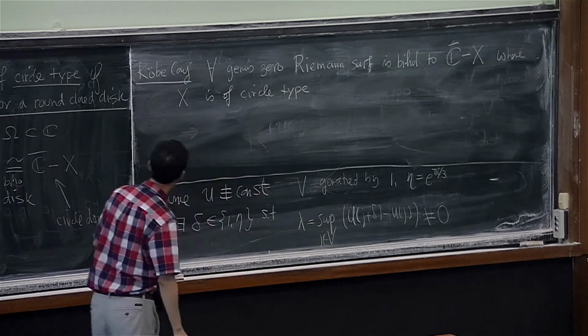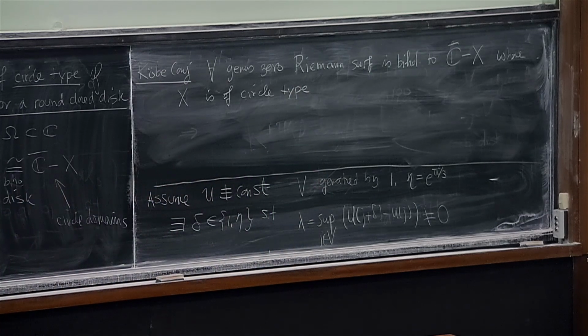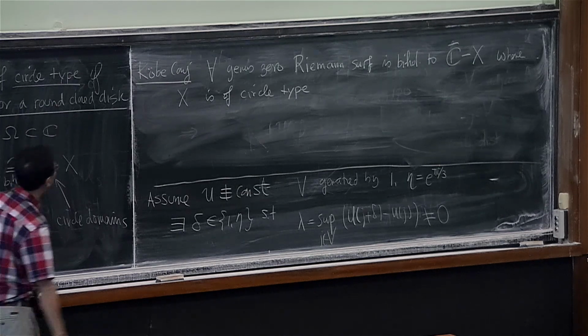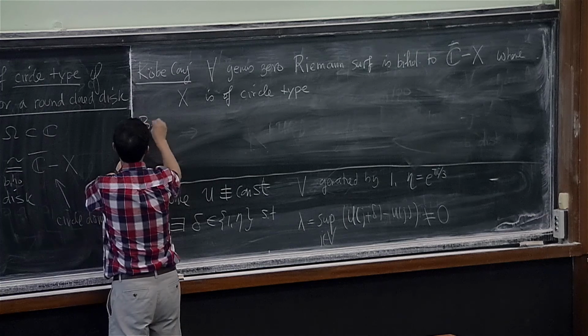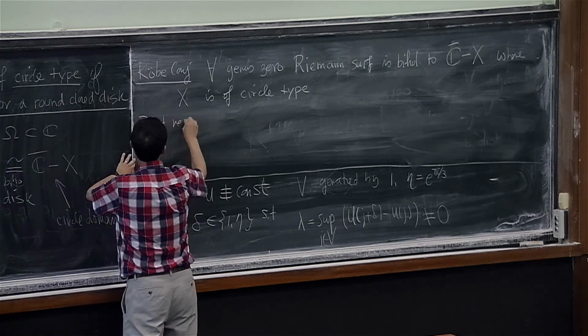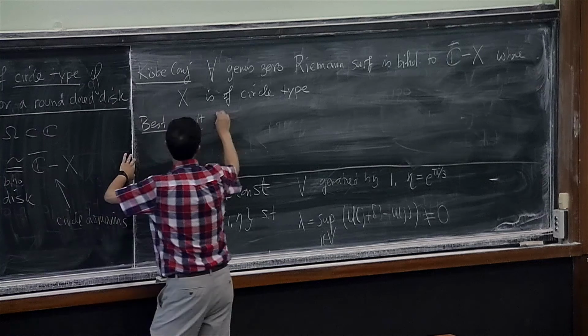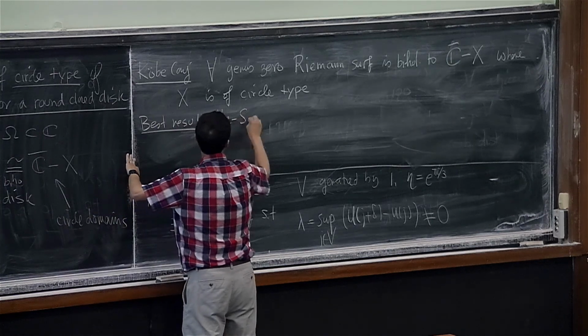Koebe calls these circle domains. It's a beautiful conjecture. And the best result at this moment is by Zheng-Xu He and Oded Schramm.